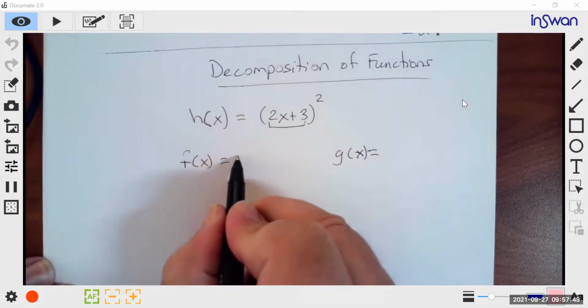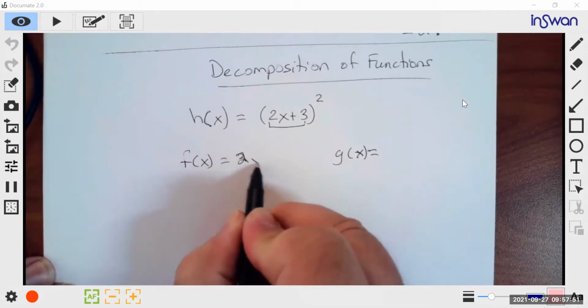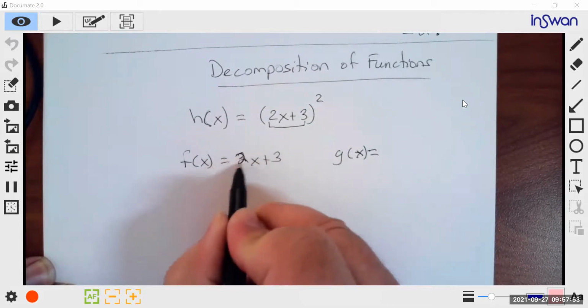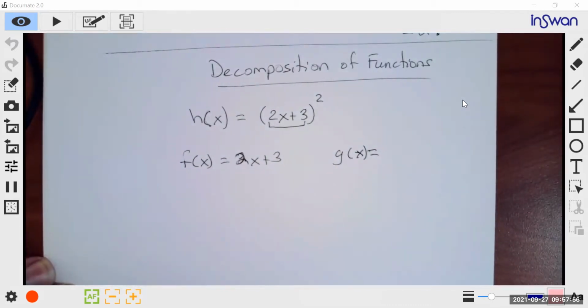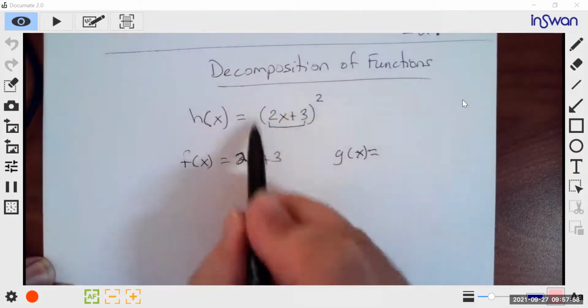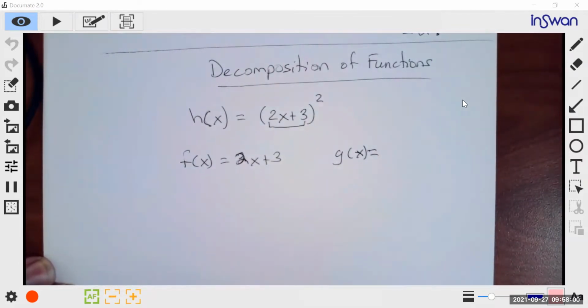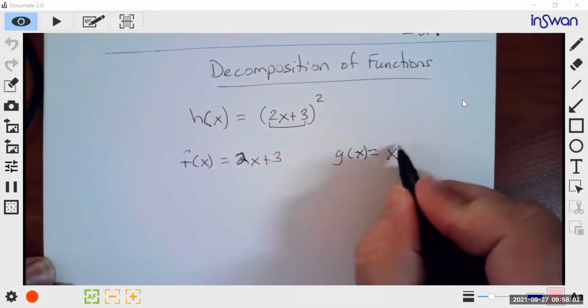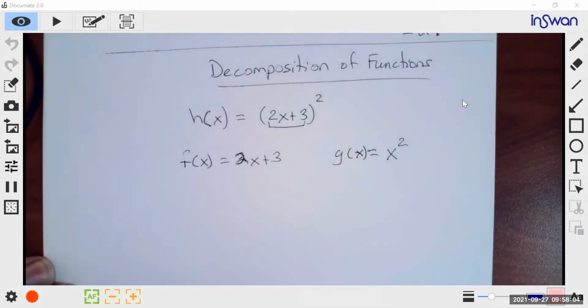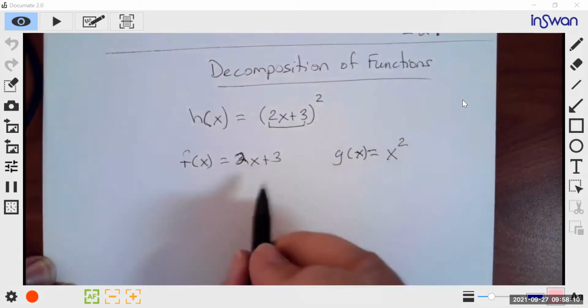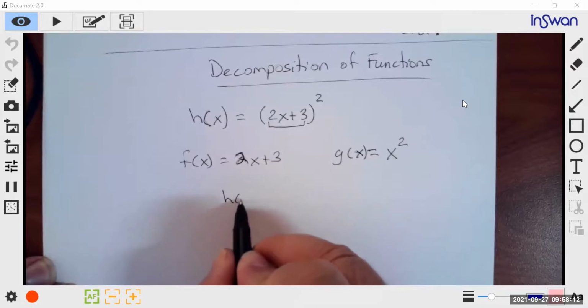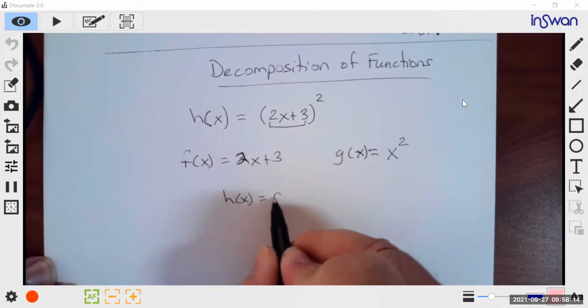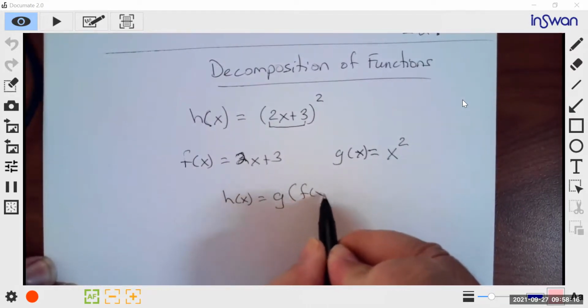Let's say that's f of x, 2x plus 3. If that's f of x, what is g of x? So h of x is actually g of f of x.